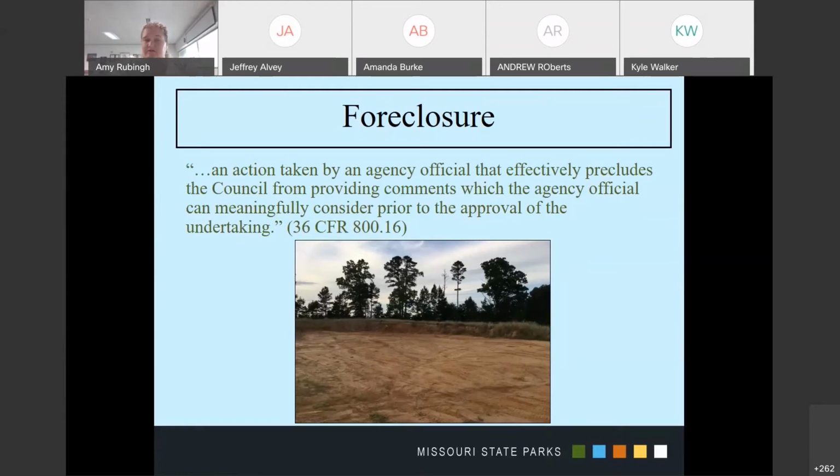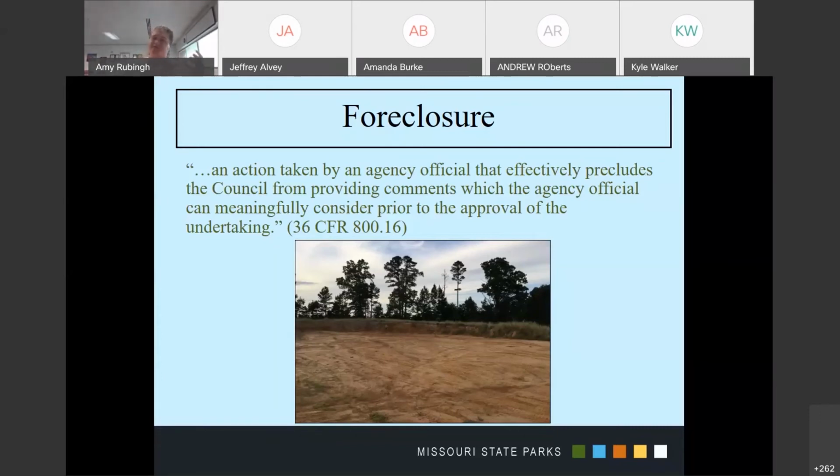If an agency or someone applying to an agency, effectively, if they go ahead with their project and void any chance for the council or the SHPO to comment on the project prior to the undertaking being conducted. So if they just go ahead and do their project without sending it to SHPO, and thereby precluding the council, which is what the exact language is.